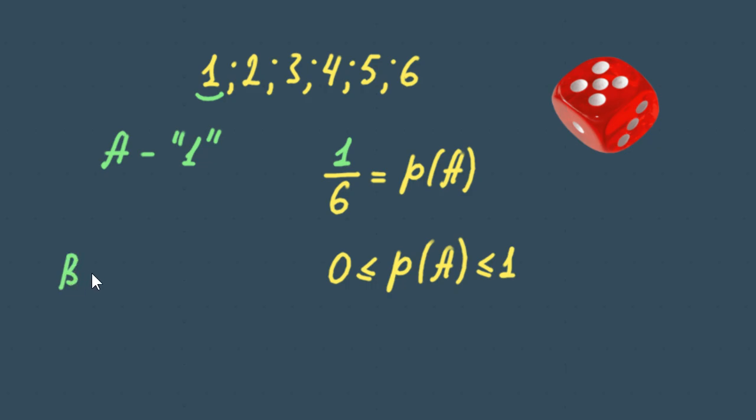For example, falling on the dice number 7 is an impossible event, since there is no 7 on the dice. And here I divide 0 by the number of possible events and get the probability. And this is of course equal to 0.